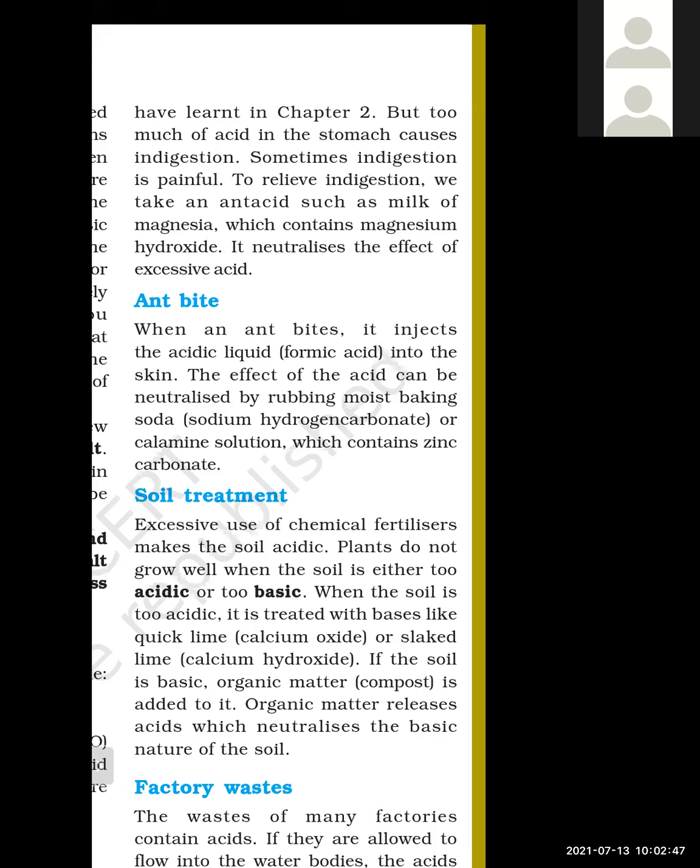So in case of an ant bite, honey bee bite or bumblebee bite, you can apply baking soda. Baking soda is easily available at your home. Just moisten the skin with some water, and then rub some baking soda on the area of the bite.